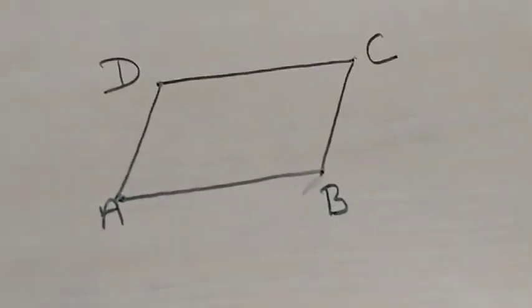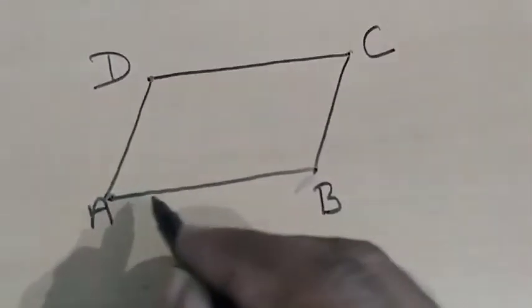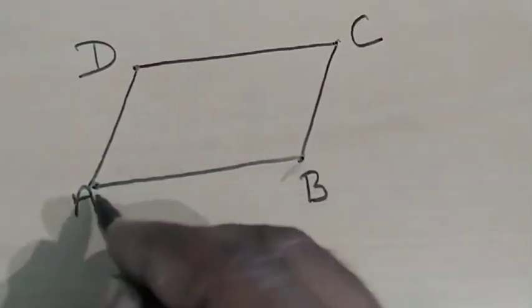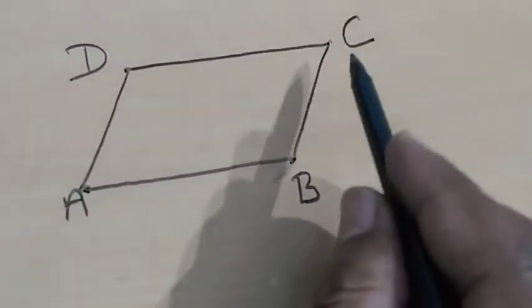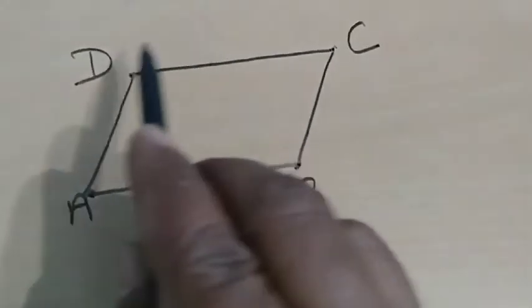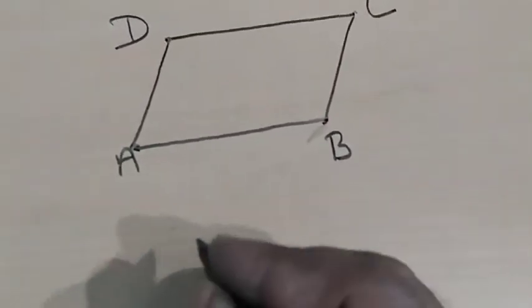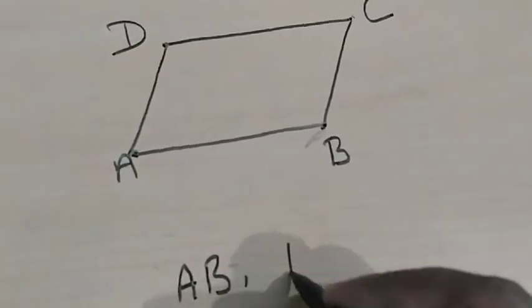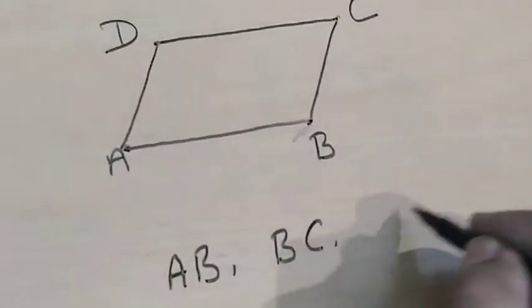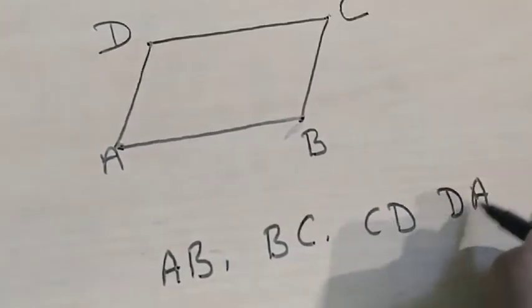Okay, and now sides. You can see A to B, here to here. This is side AB, side BC, side CD, side DA. So we write it: side AB, BC, CD, DA.